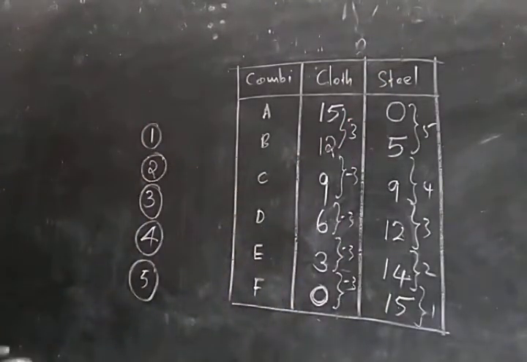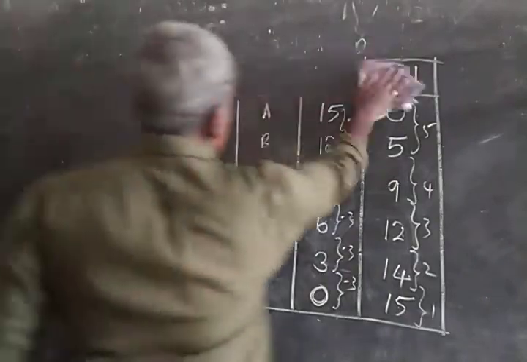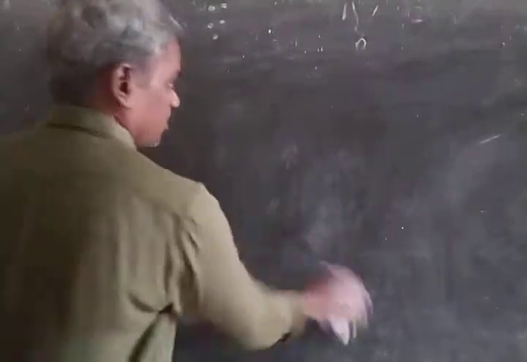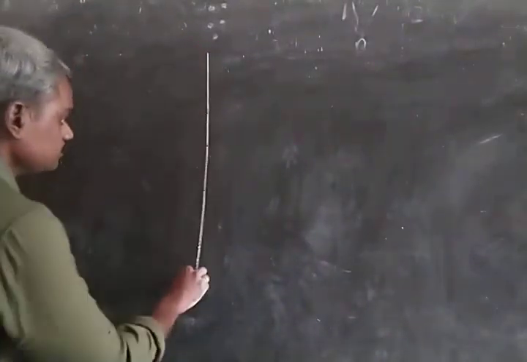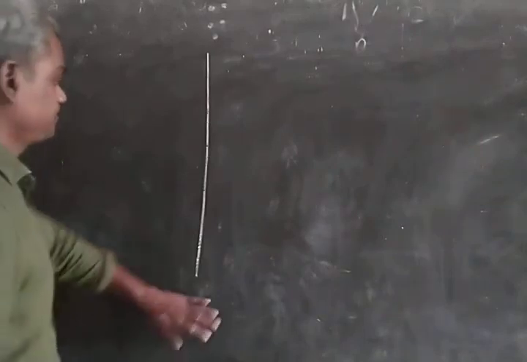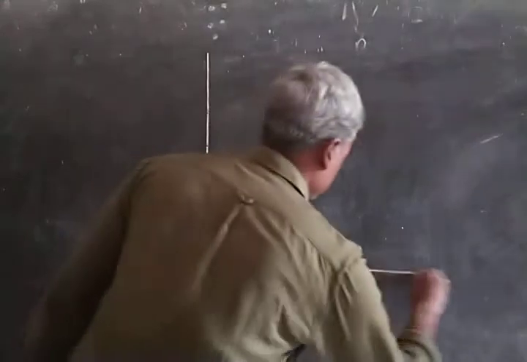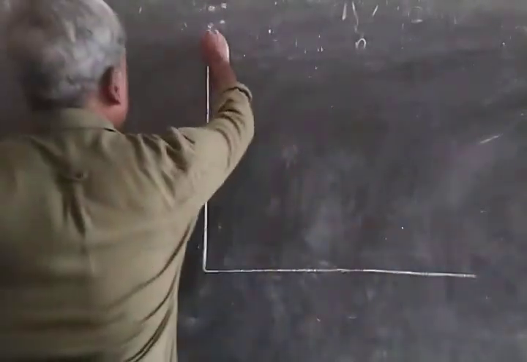Now we will move on and draw a production possibility curve and show the increasing opportunity cost using it. So we will have two axes.